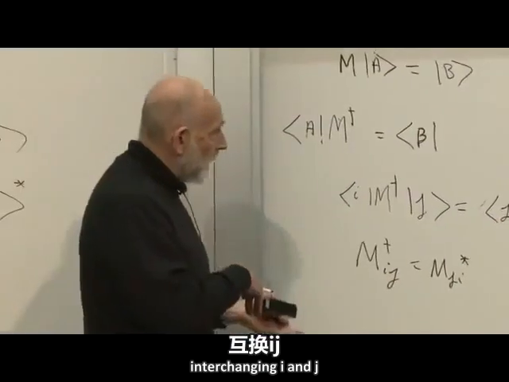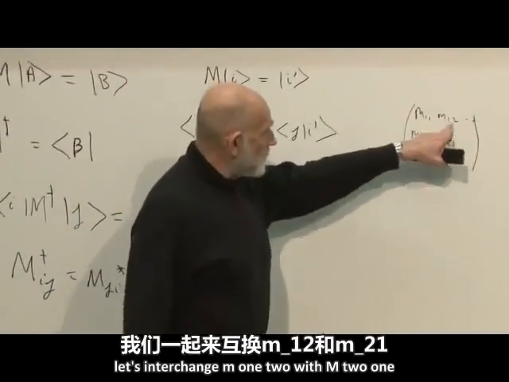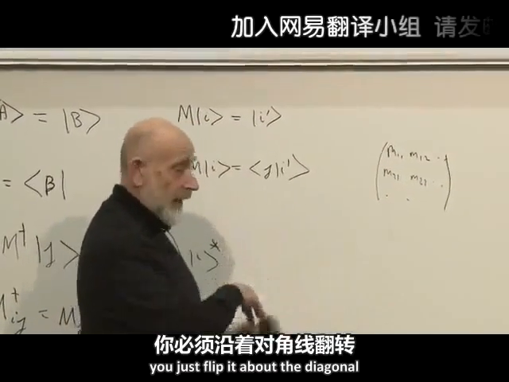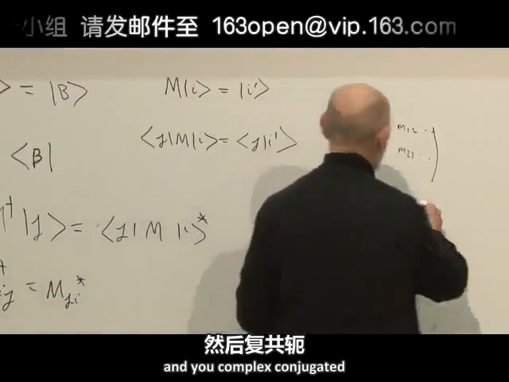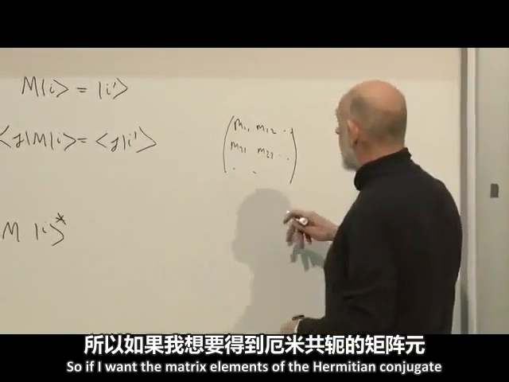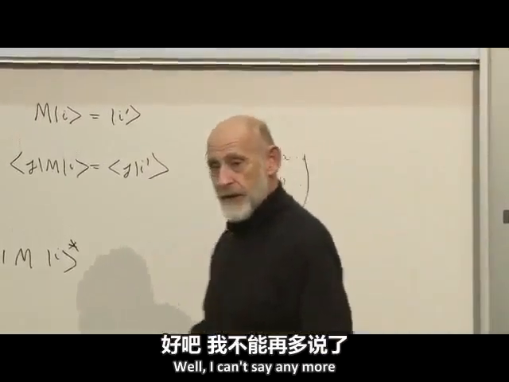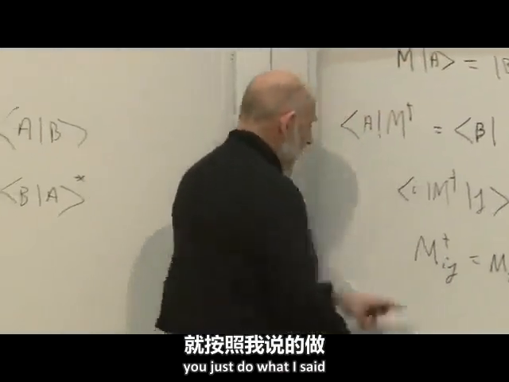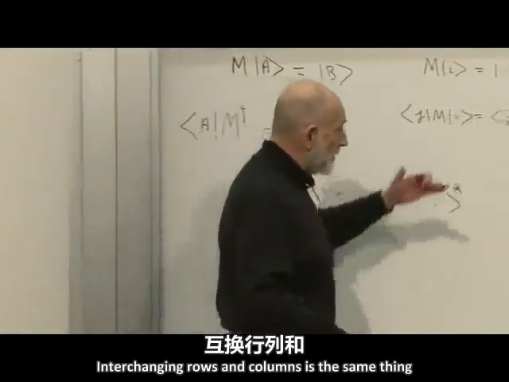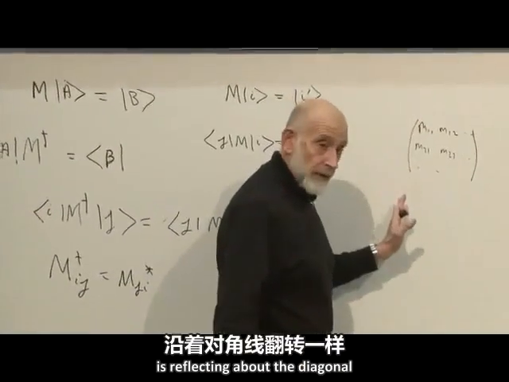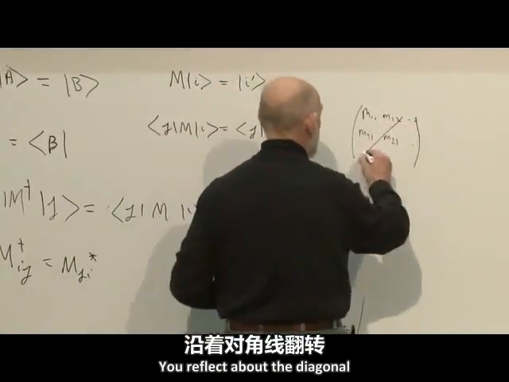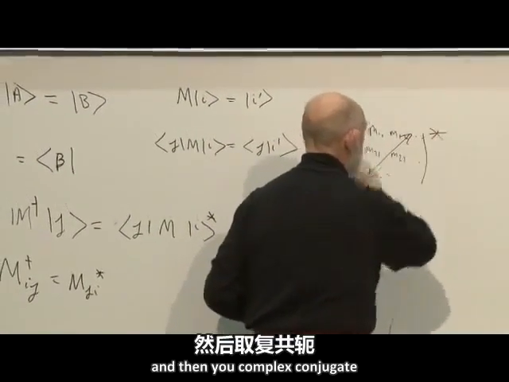Interchanging I and J is like interchanging M12 with M21. You just flip it about the diagonal and you complex conjugate it. So if I want the matrix elements of the Hermitian conjugate, just do what I said. You interchange rows and columns and you complex conjugate. Interchanging rows and columns is the same thing as reflecting about the diagonal. Right? You reflect about the diagonal, and then you complex conjugate.